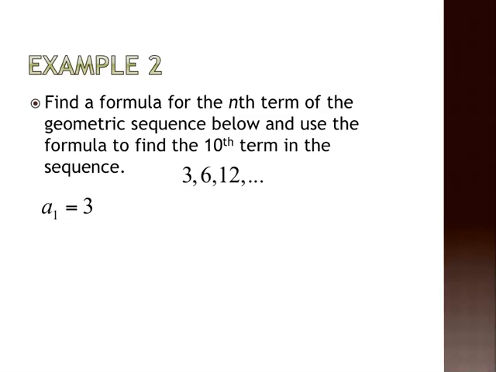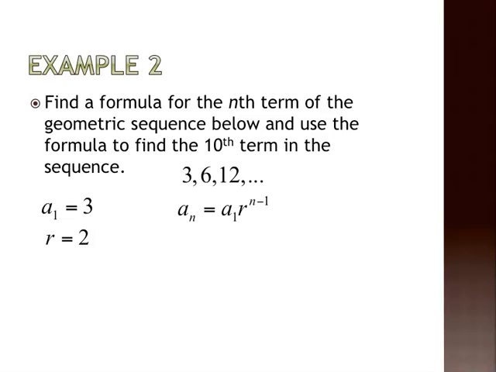Now, we're told it's a geometric sequence, so that means we're multiplying by a certain number to get to the next. It looks like we're multiplying by 2, right? 3 times 2 is 6, 6 times 2 is 12, and so on. So R is equal to 2. And now we can go ahead and plug this in to get the formula.